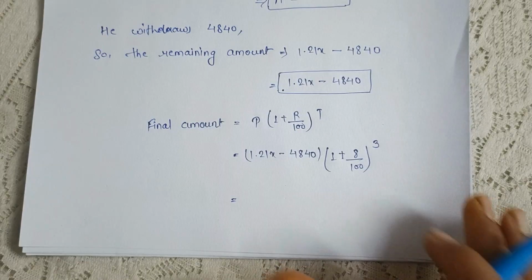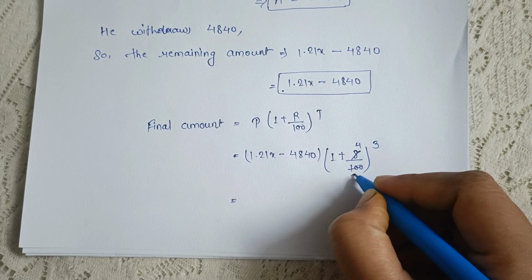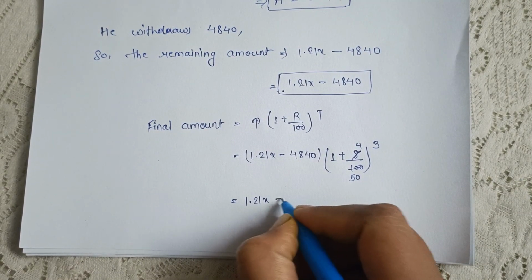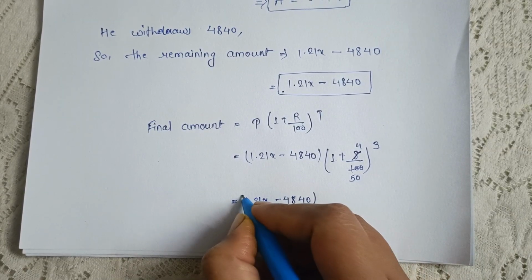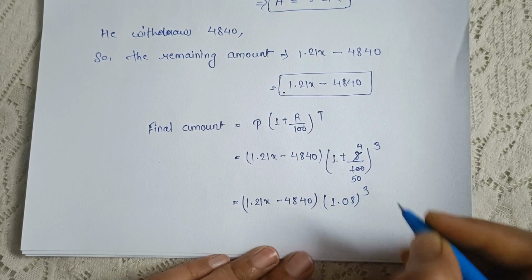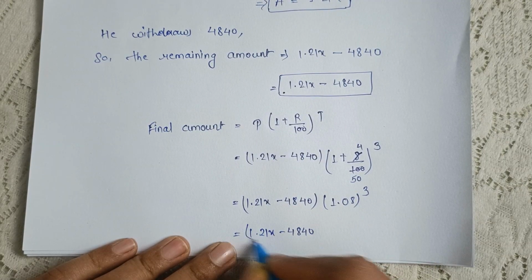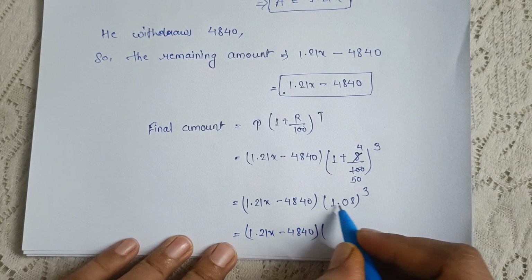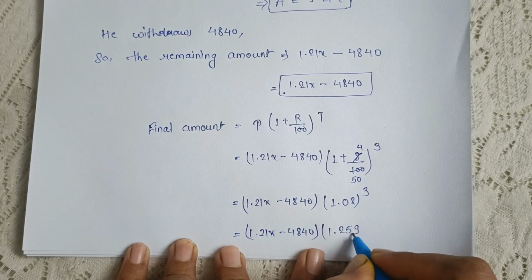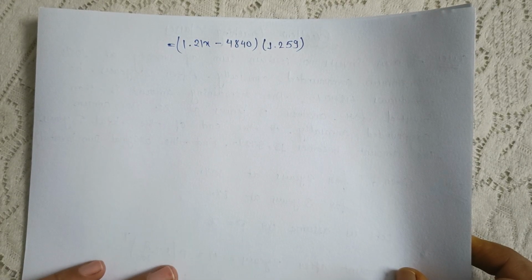Now we have to solve this equation. 2 4s are 8, 2 5s are 10, and zeros are 0. So 1.21x minus 4840 times 1.08 to the power 3. When we multiply 1.08 three times, we find 1.259.